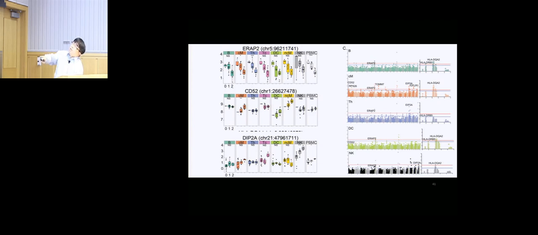The same thing happens here for these T helper cells. You don't see the effect, but here in the mononuclear cells, or actually NK cells, this one is NK cell specific, you see a very huge effect by genotype. So this is a gene-environment interaction, or cell type specific eQTLs.